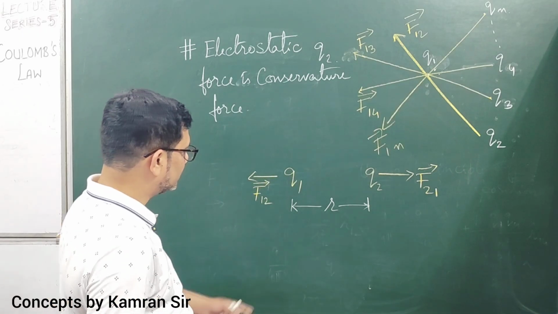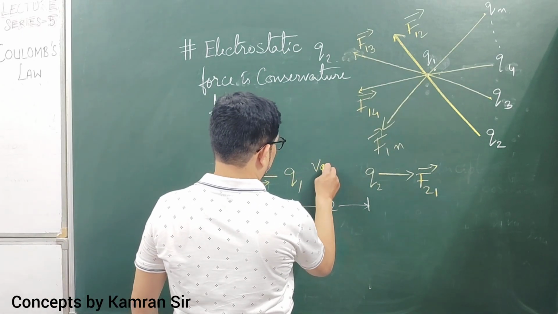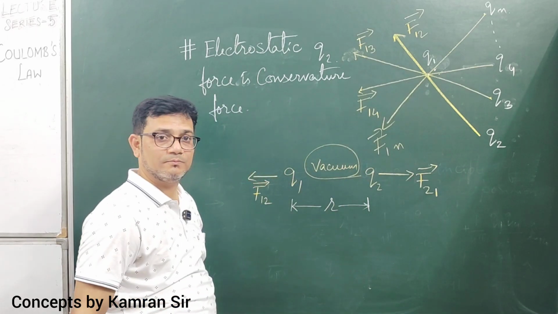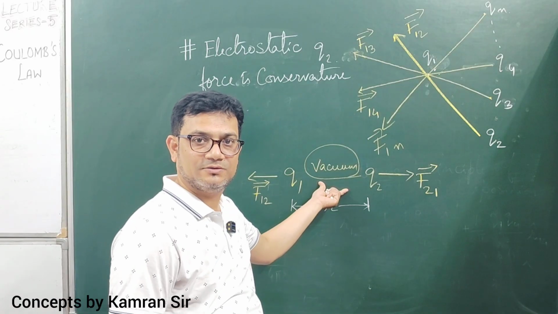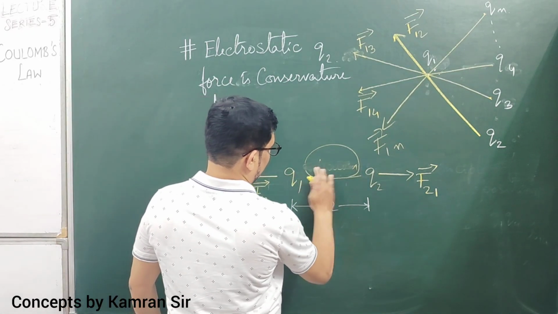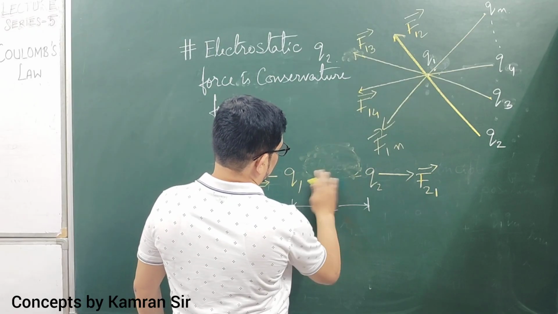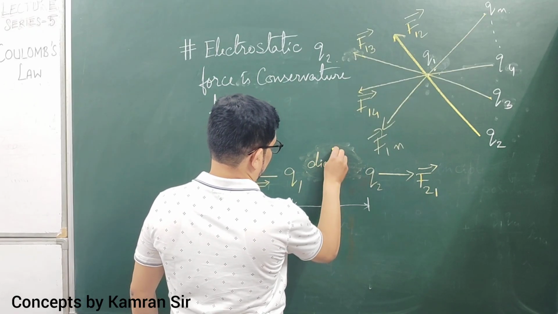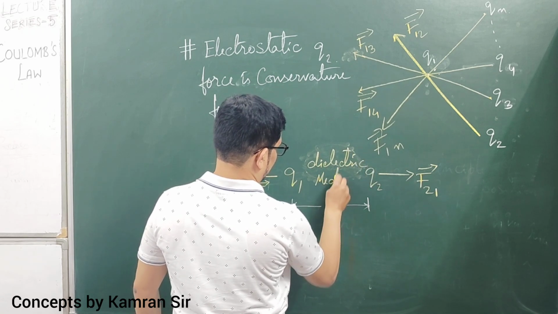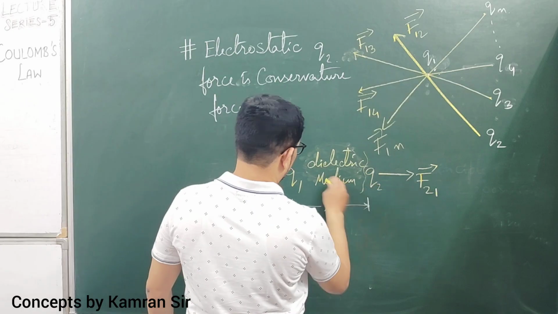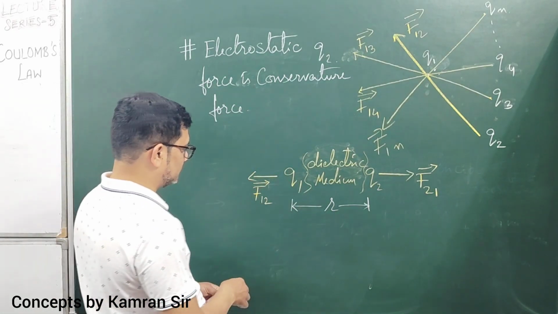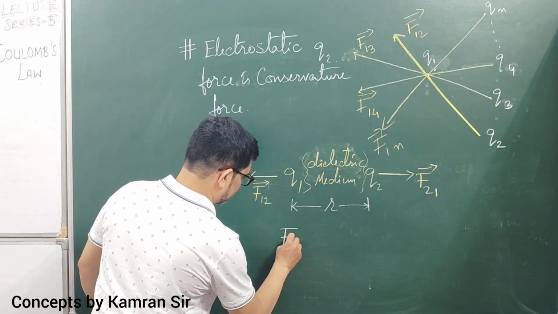All right. We have assumed vacuum. What if there is no vacuum, but we have a dielectric, any insulating material? So what is a dielectric medium? Any insulating material available between the charges. What would then be Coulomb's equation for the force that exists?